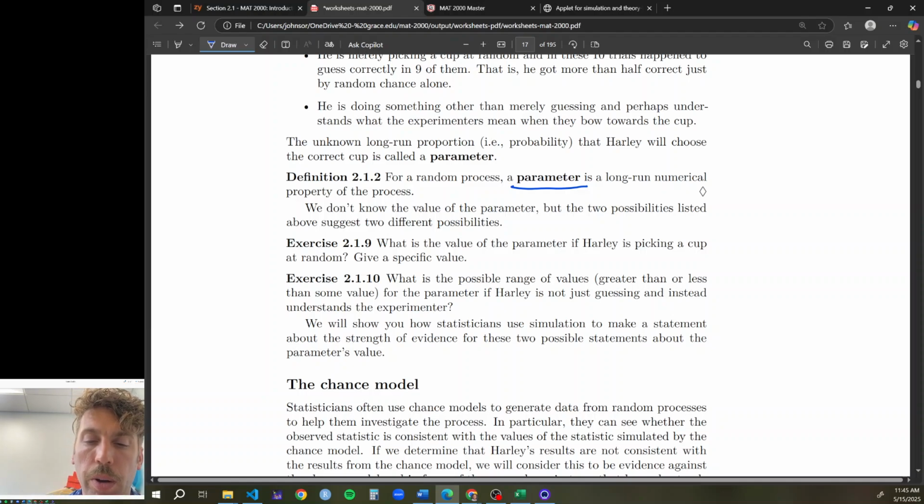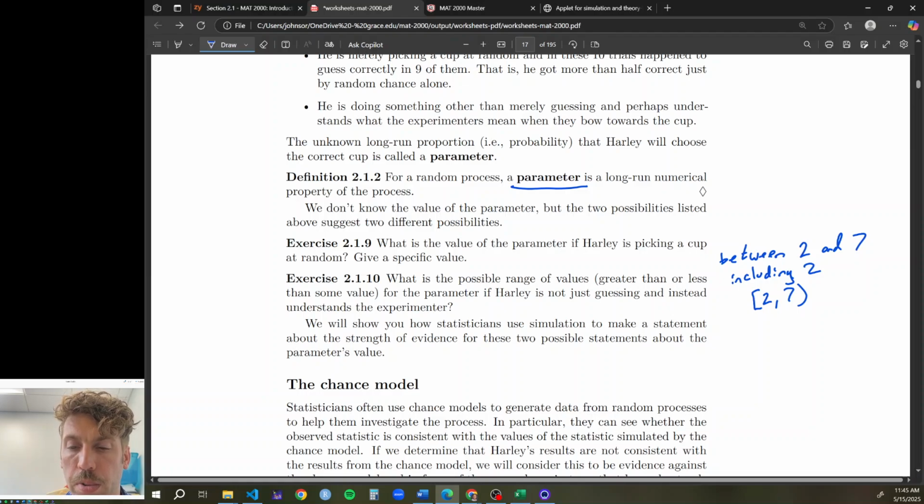You might remember from high school math, when you had numbers, say you had numbers between 2 and 7, including 2, you could write that in different ways. You could use interval notation, which would be like 2 to 7, using the hard bracket for including the 2 and the parenthesis for not including the 7.